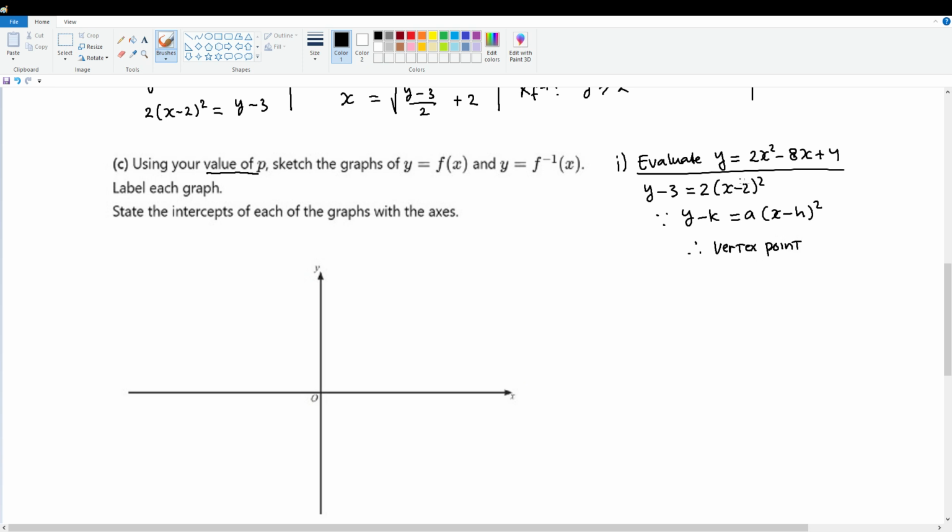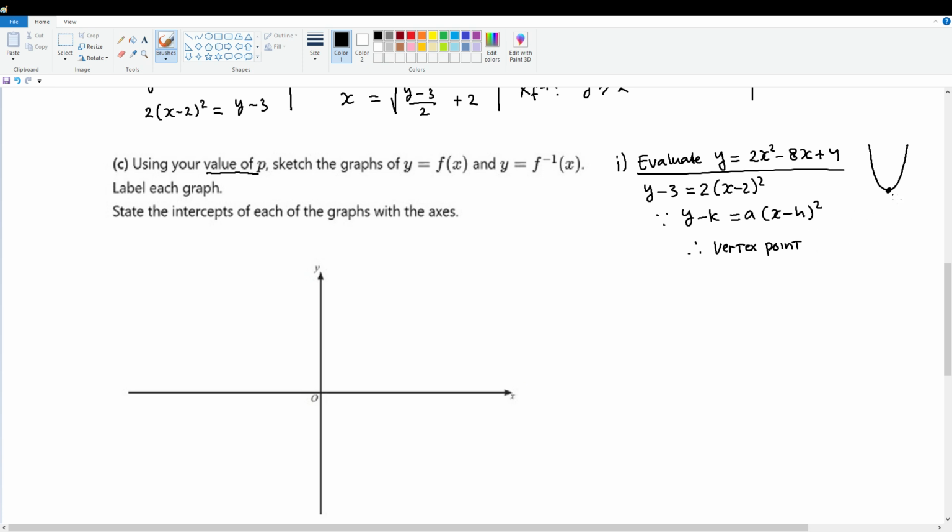Okay, we know that this function has a parabola graph because the coefficient of x squared is positive, that is 2. The parabola opens up. Okay, the shape must be like this. So this is our vertex.